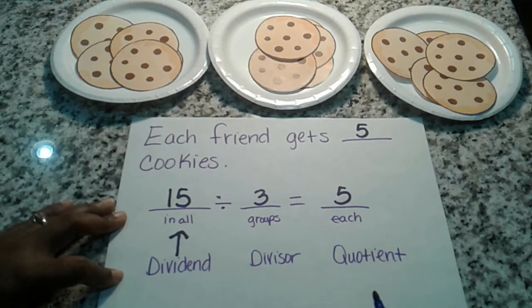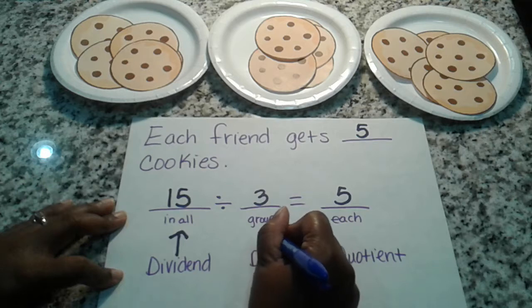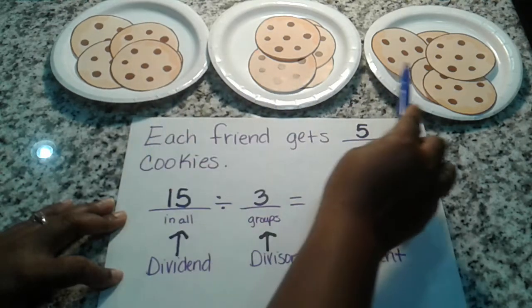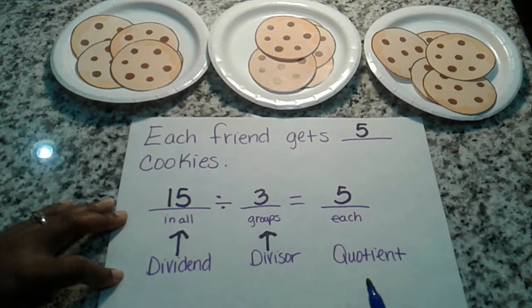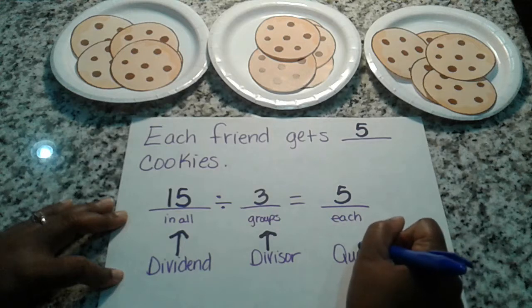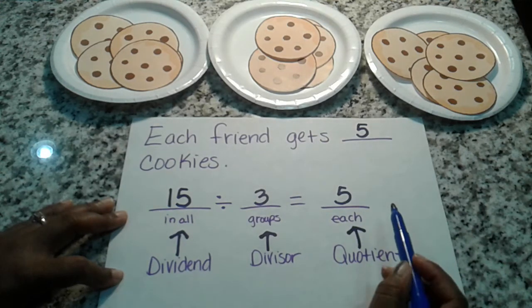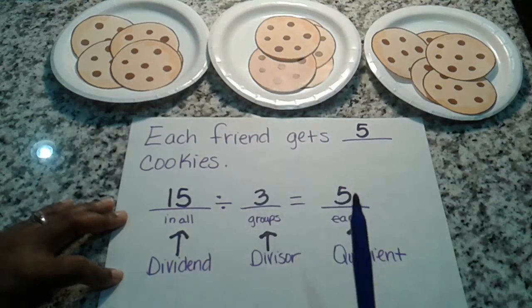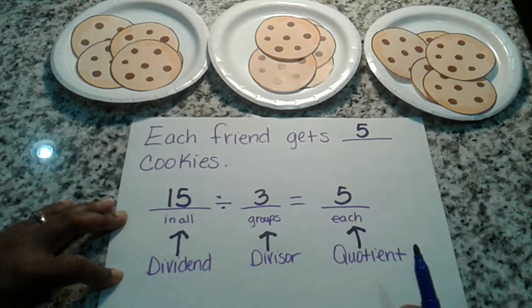Everybody say divisor. Very good. This number is our groups. So we had 3 groups. And then this last number is our quotient. Quotient. And boys and girls, that's each 1, 2, 3, 4, 5 in each plate. And that is our answer in our division problem.